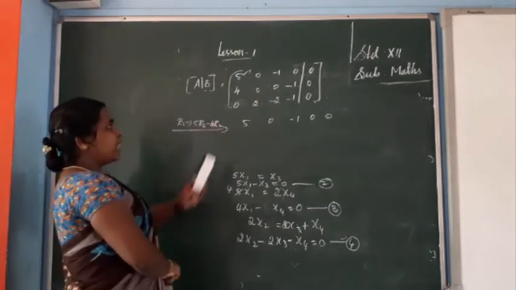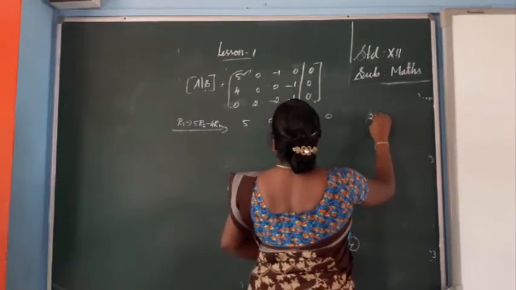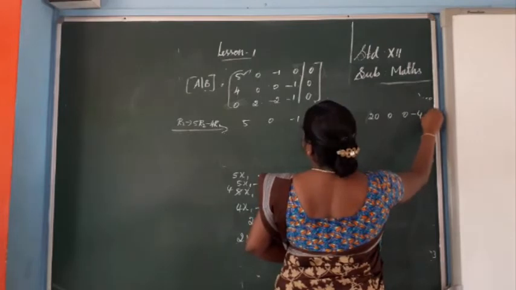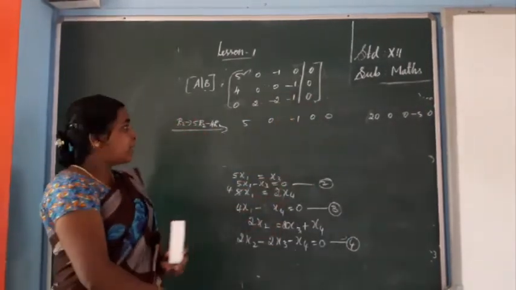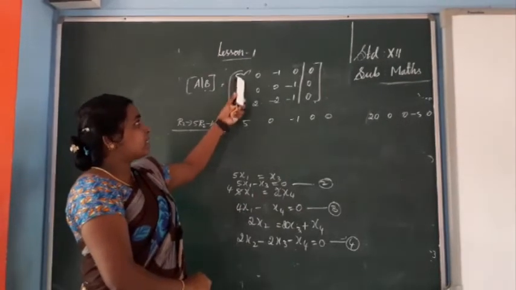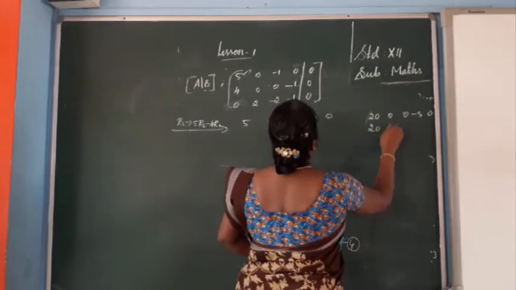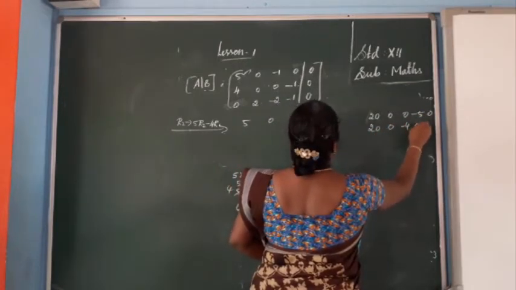Okay, so what do you get here? 4 5s are 20, 0, 0, minus 4, 0. Minus 5. Okay, second row you have to multiply by 5. Then the first row you have to multiply by 4. 4 5s are 20, 4 into 0, 0, 4 into minus 1, minus 4, next 0, 0.